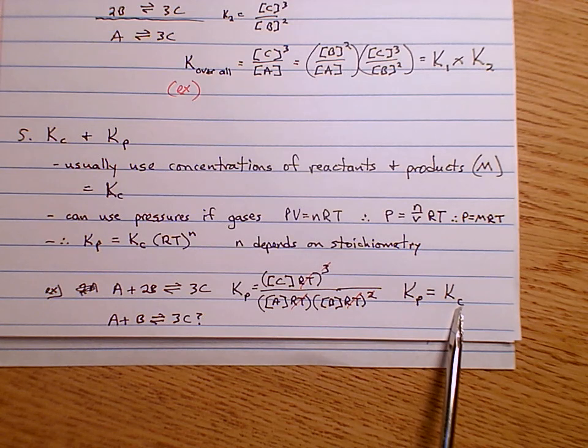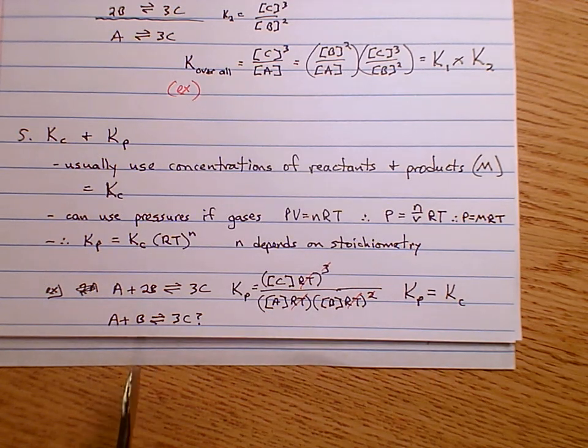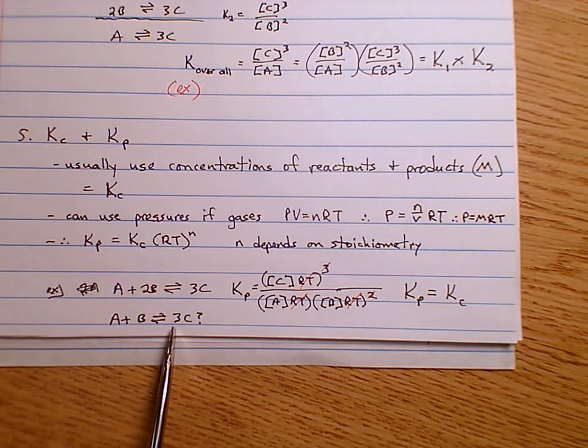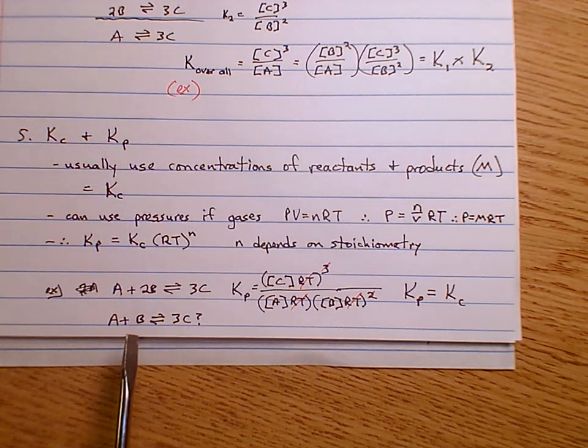Kp actually equals Kc in this example. However, what if you had just A plus B goes to 3C? We have 3 on this side, 1 and 1, 2 on this side. We'd find out that Kp does not equal Kc. It is off by a factor of 1 RT.